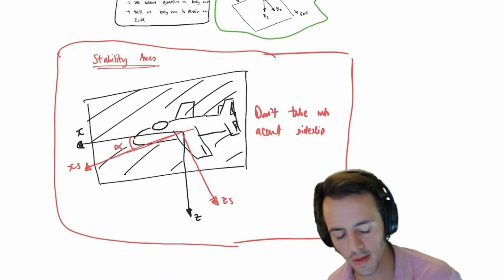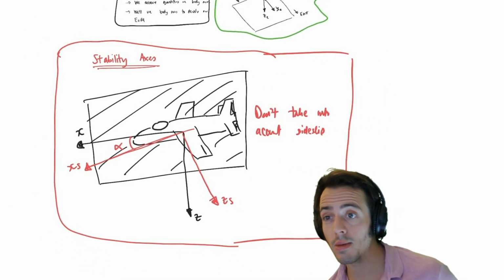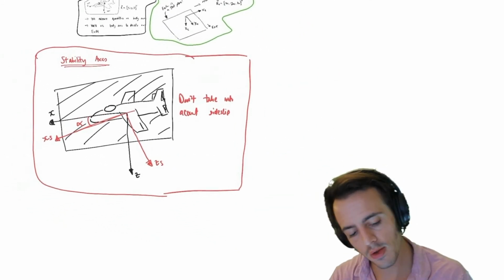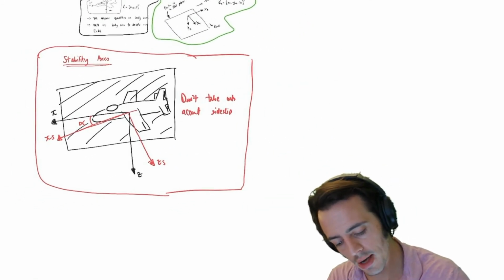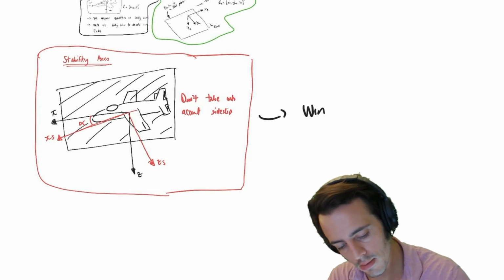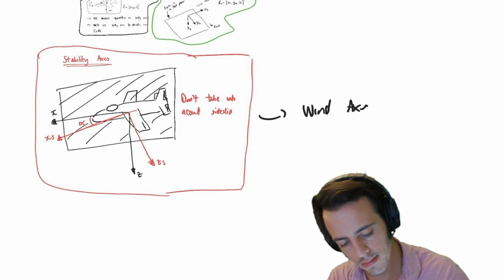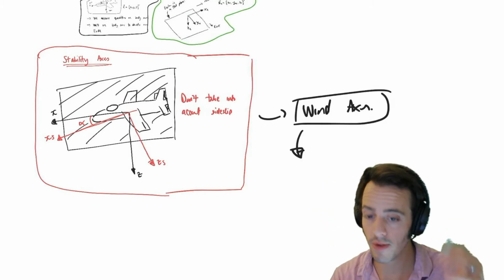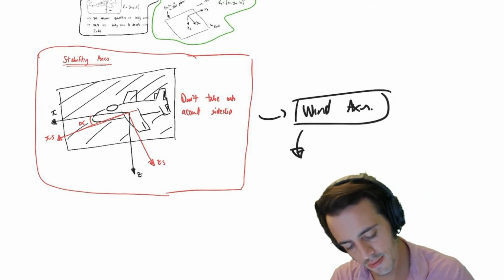So it doesn't account for side slip because effectively we can't include them in these axes sets. If we were to include side slip, we'd also look at wind axes. Wind axes are aligned with the oncoming vector, so VF.